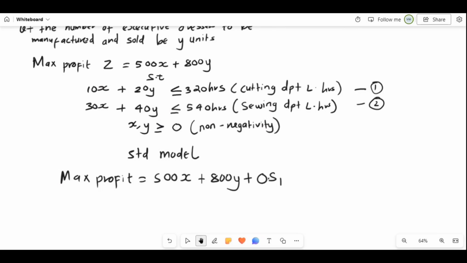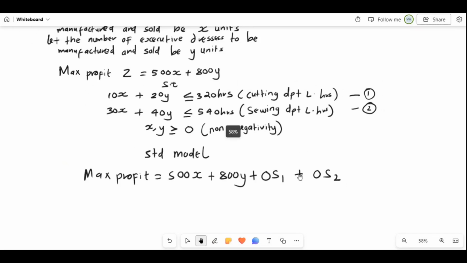And this is just meant to adjust the constraints without affecting the objective function. That is why we assign the slack variables coefficients of 0. So that allow 0s1 in the objective function and 0s2. If I had 3 slack variables, I could have had 0s1, 0s2, 0s3.